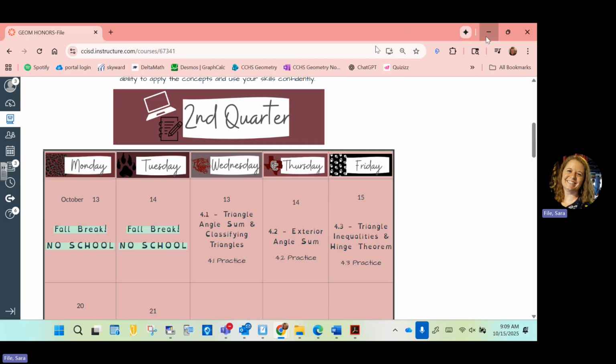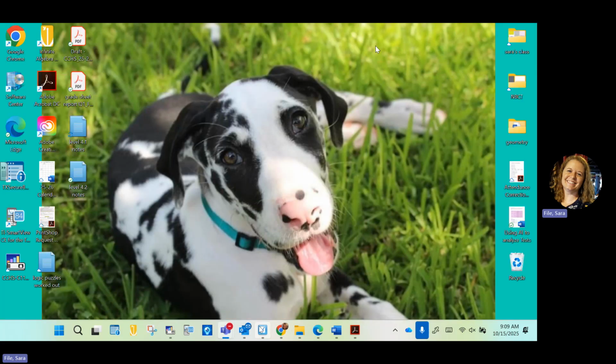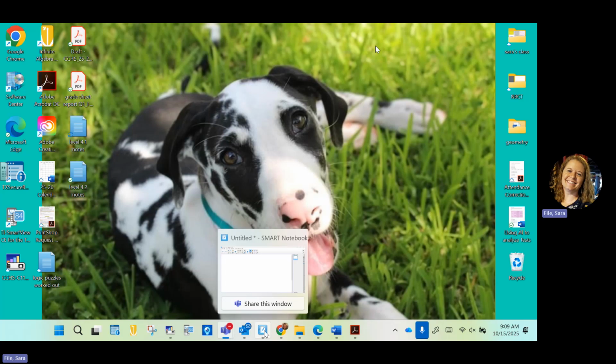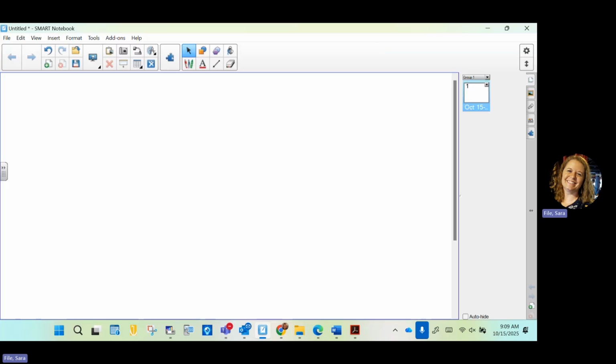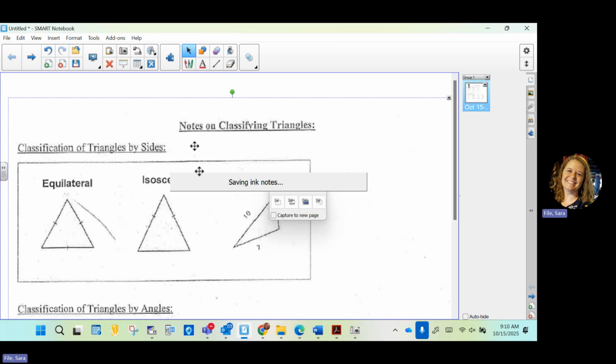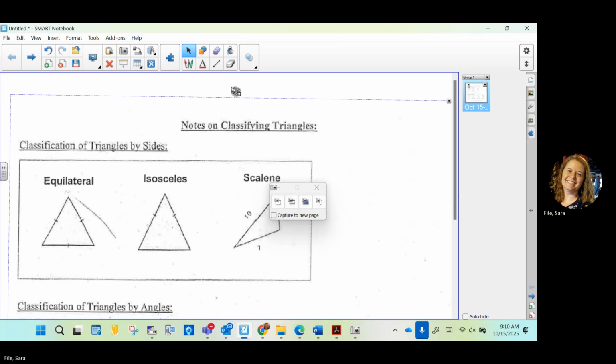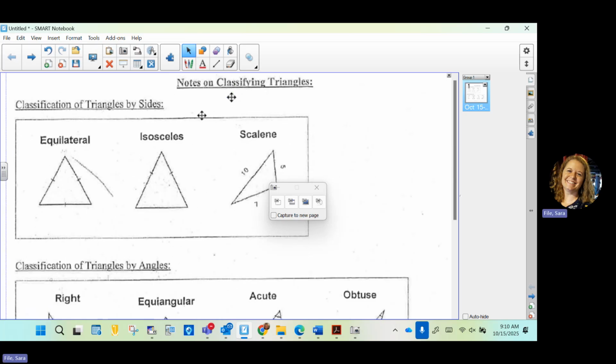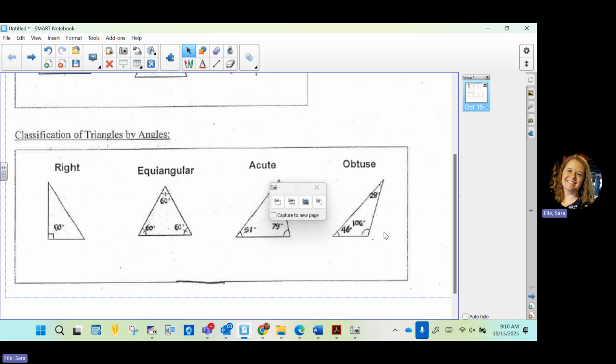We're starting with classifying triangles. Let me copy over the page that I handed out to you real fast. These are short notes, and they're not going to take us long. I think most of you probably remember this from geometry units in intermediate.